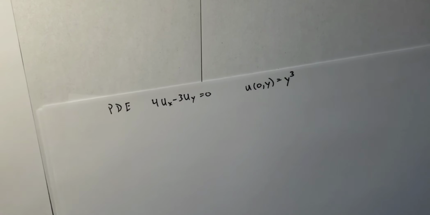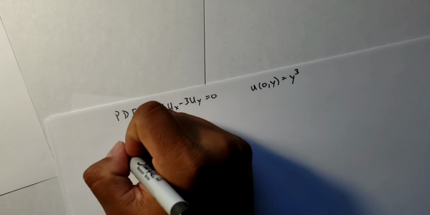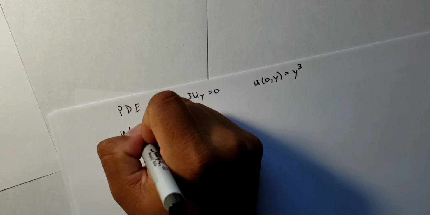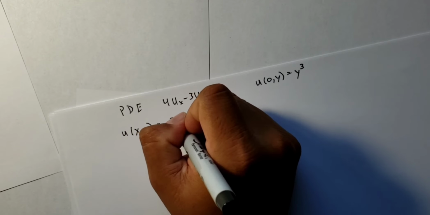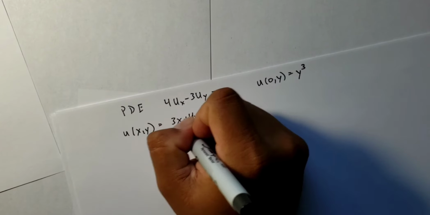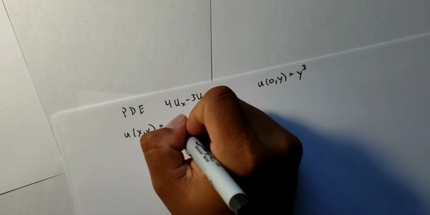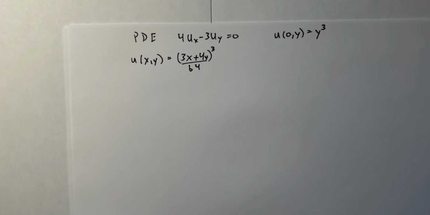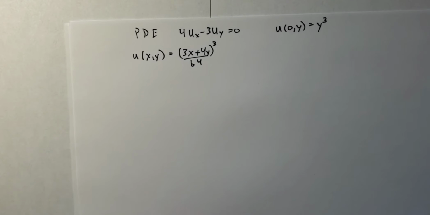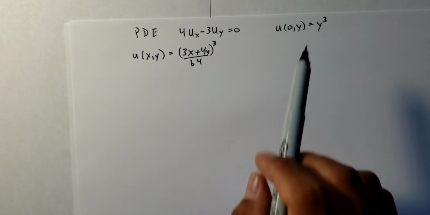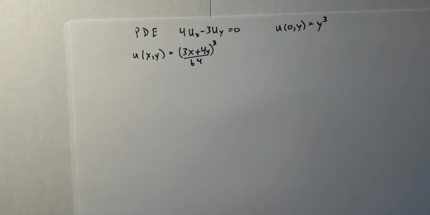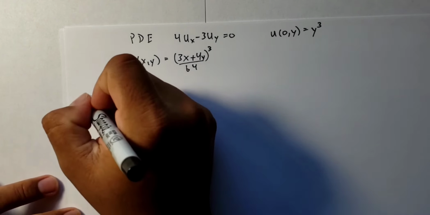And we said that our solution is actually u of x, y. We're saying that that expression, that function satisfies the PDE along with that auxiliary condition. So let's check auxiliary conditions first.